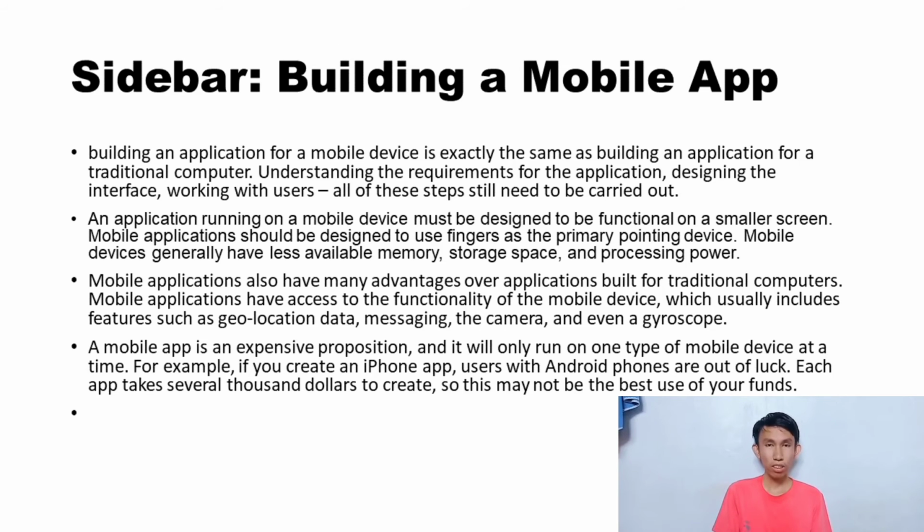Mobile applications also have many advantages over applications built for traditional computers. Mobile applications have access to the functionality of the mobile device, which usually includes features such as geolocation data, messaging, the camera, and even a gyroscope.